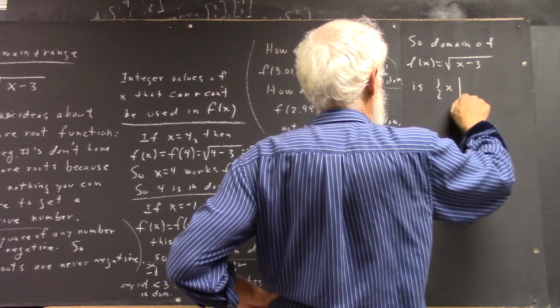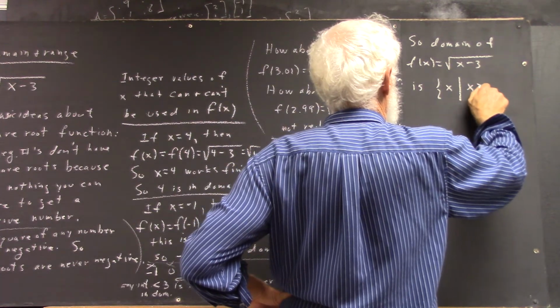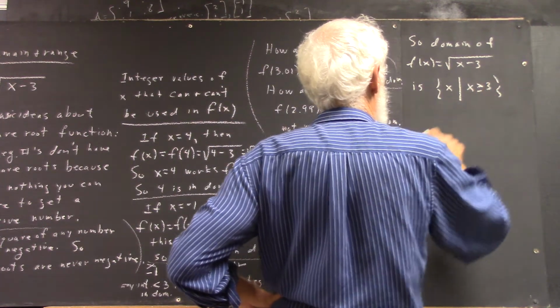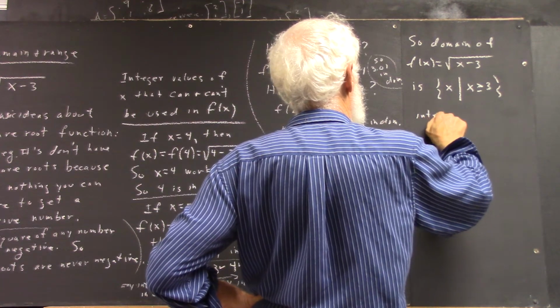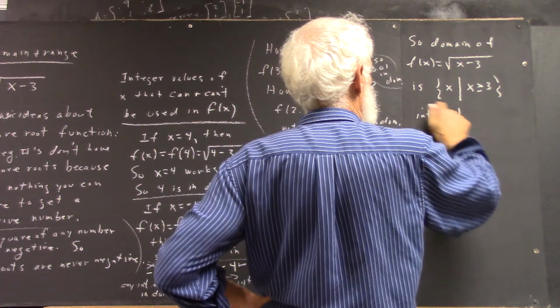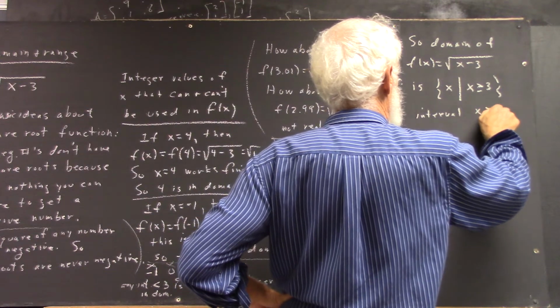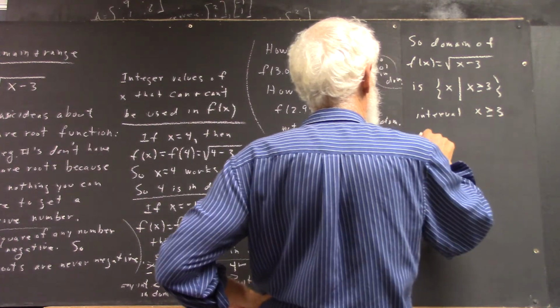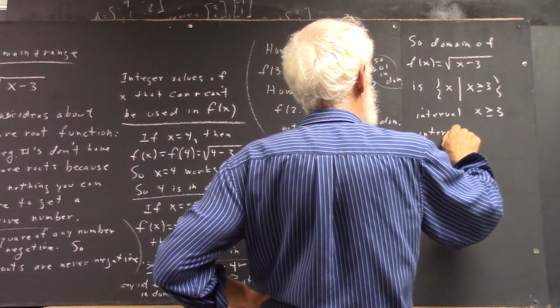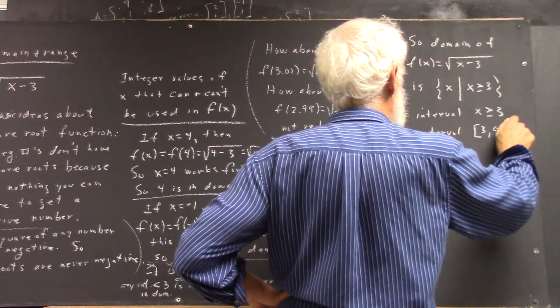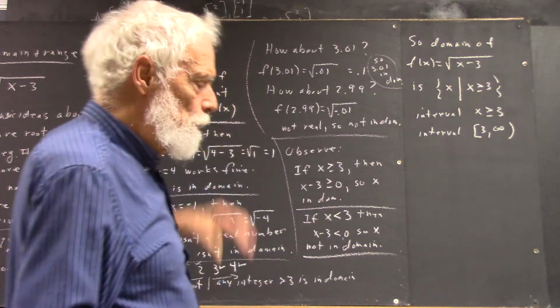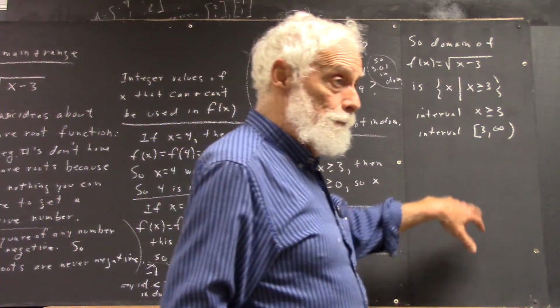You can say the set of x such that x is greater than or equal to 3. It's the interval x greater than or equal to 3. It's the interval that includes 3 and goes all the way to infinity, or approaches infinity, okay? Does that make sense?